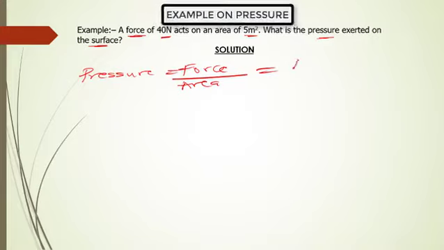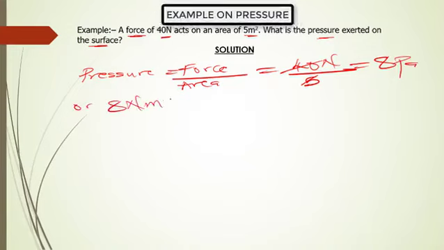The force here is 40 newtons, the area is 5 meters squared. So when you divide 40 by 5, it is going to give you 8 Pascal or 8 Newton per meter squared. That's the answer to this question. All you have to do is divide the force by the area and then you get the pressure.